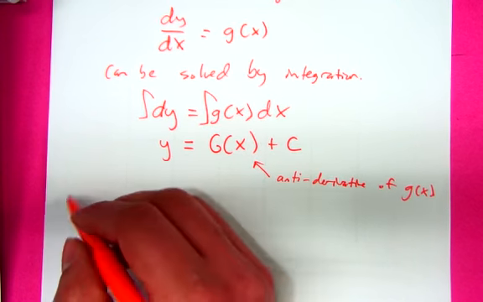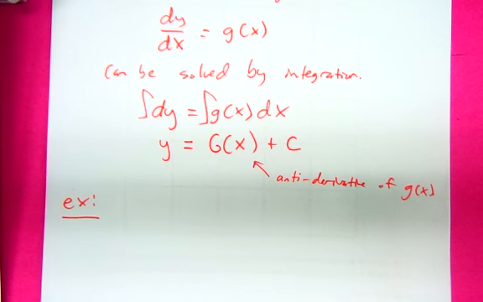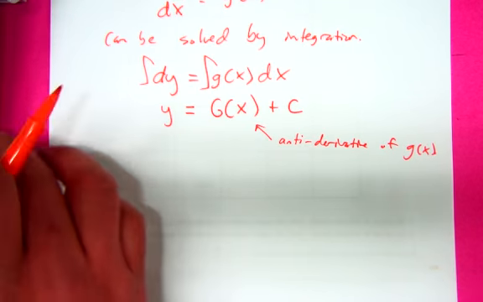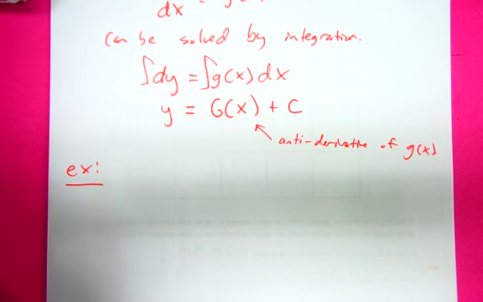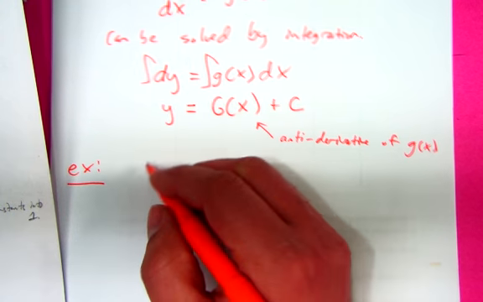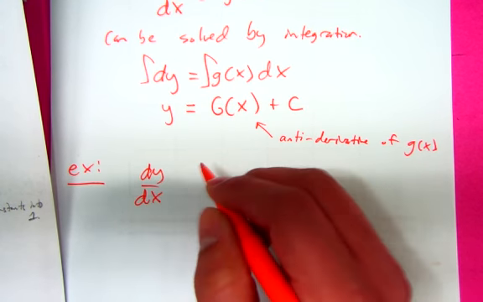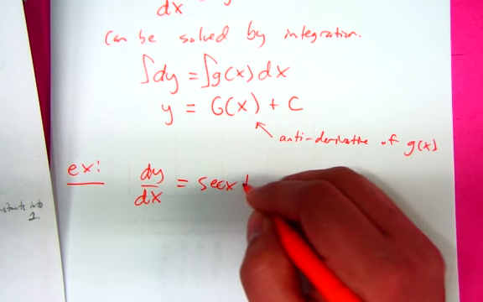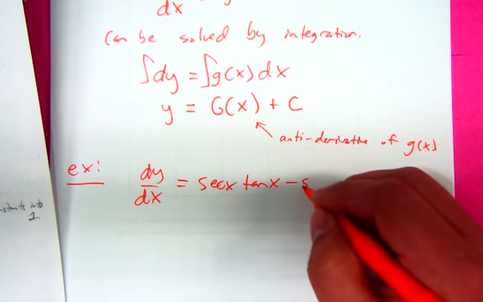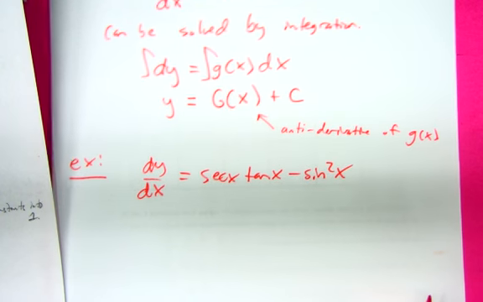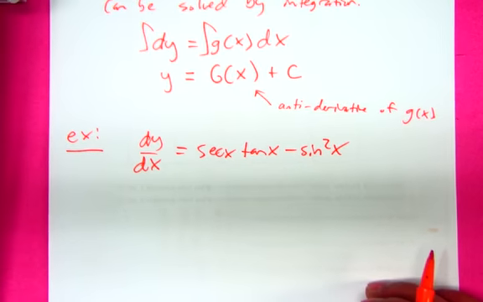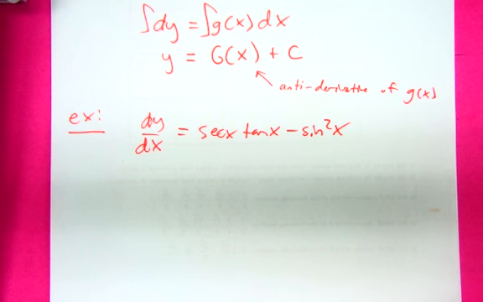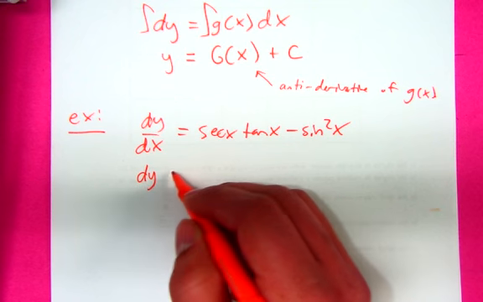So let's do an example. Let's say dy/dx equals secant x times tangent x minus sine squared x. First you multiply by dx.